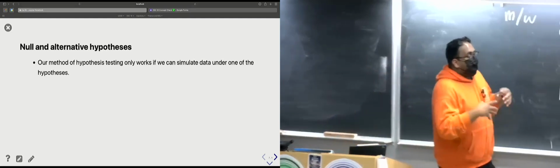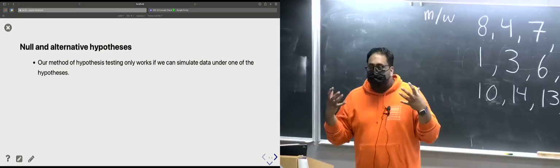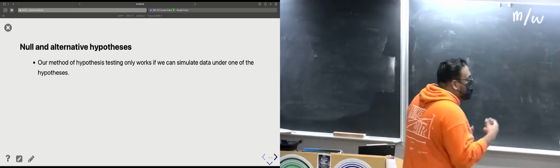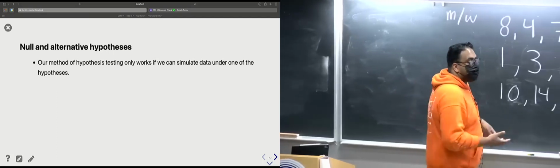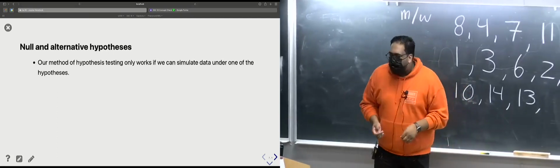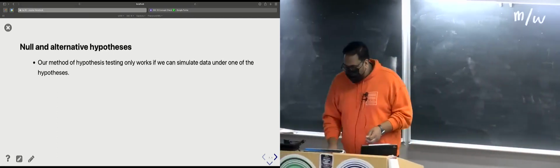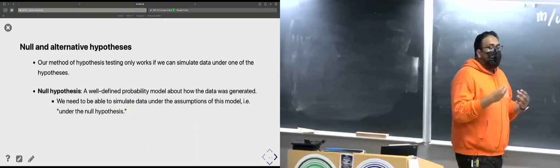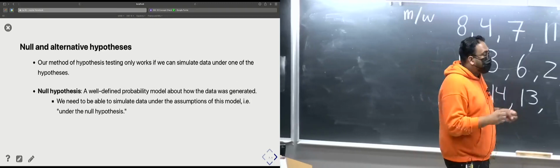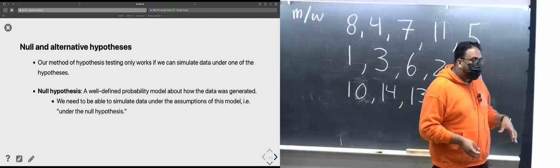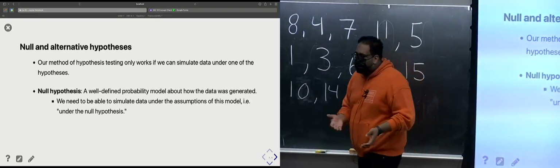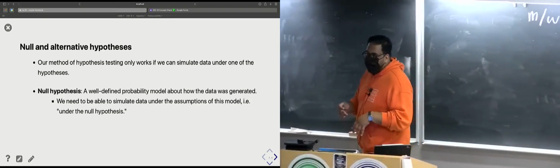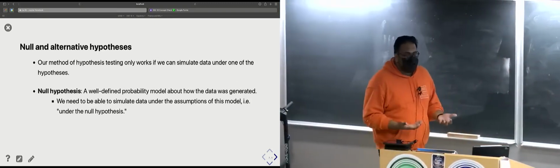Okay? Now in this class, the way that we will conduct our hypothesis tests involves simulating data under one of the hypotheses. Okay? And that's important because the hypothesis that we simulate data under is called the null hypothesis. Okay, so specifically, the null hypothesis is a well-defined probability model about how data was generated.